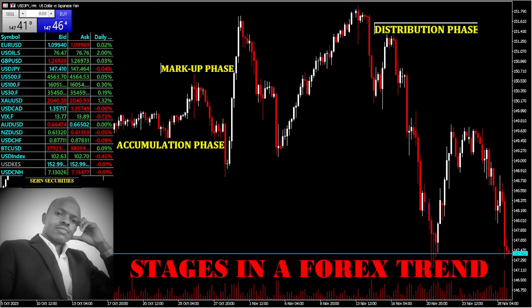The distribution phase typically displays considerable overlapping exchange rate moves as the buyers and sellers compete for dominance.